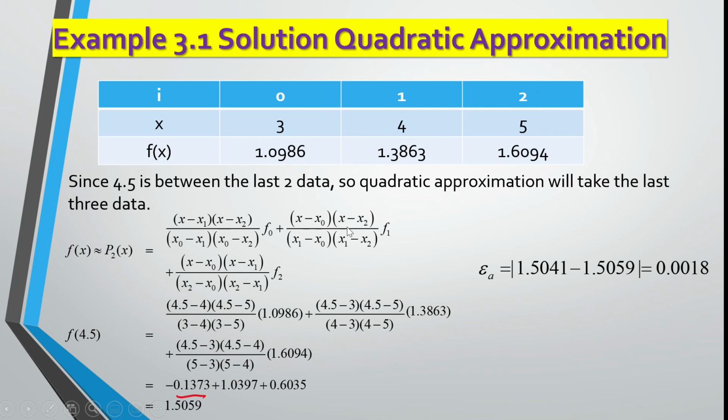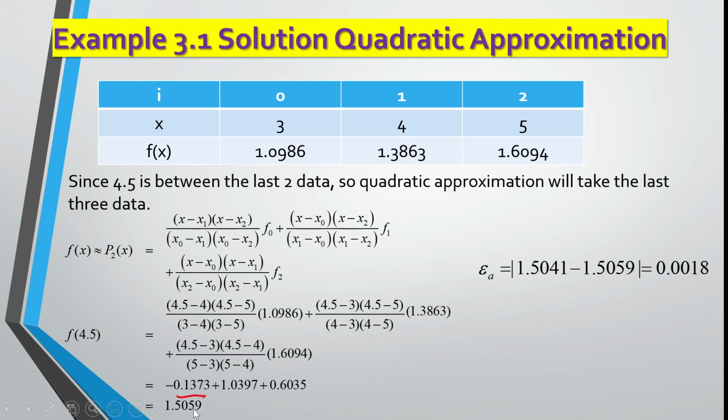Then similarly, you just need to plug into the quadratic interpolation formula. You can approximate F 4.5. So manually, if you do it, you may want to write this formula and then plug in one by one the x naught value, x1 value, x2 value, and then the F naught, F1, F2 into the quadratic Lagrange interpolation formula. Then you can obtain it.